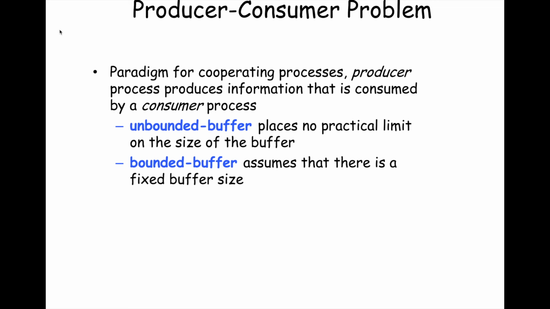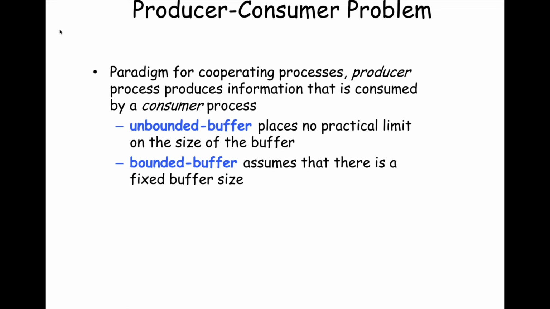So it's producing some information. The other process is taking that data structure or information out of that shared memory or message queue, and it's doing something as a result of it, right? And that's called consuming the data.